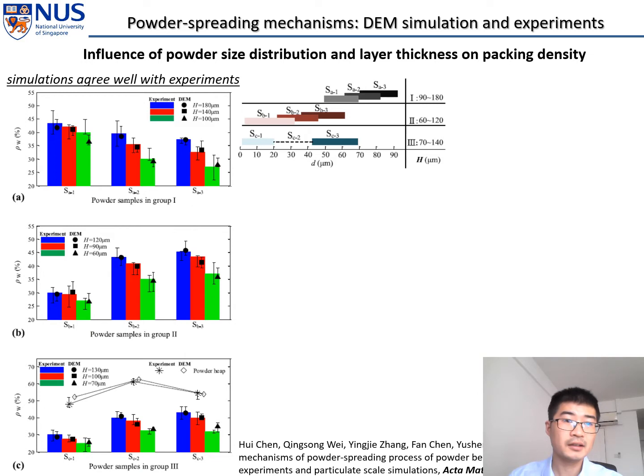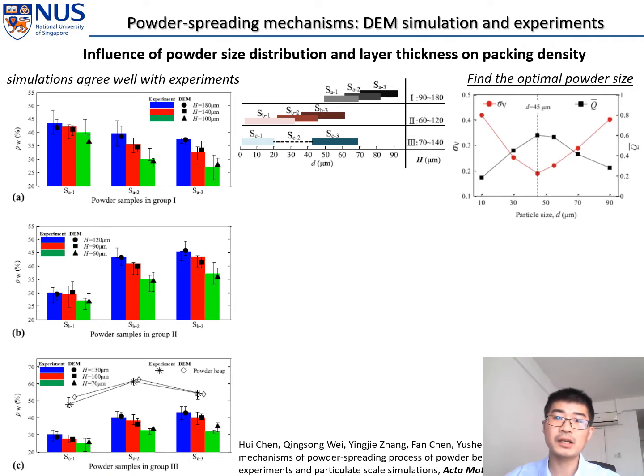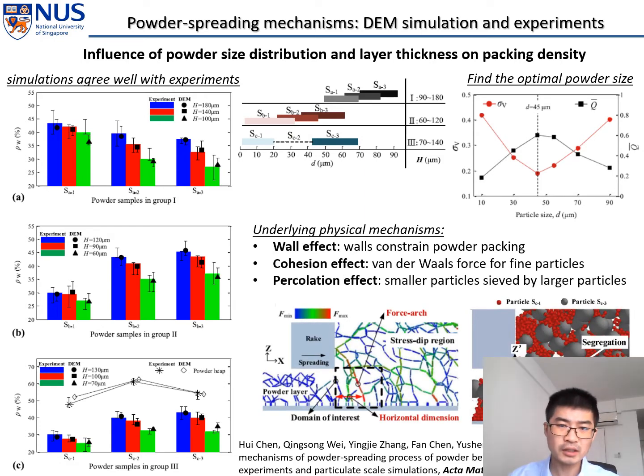You can see the simulation and experiments agree well for different cases. With that, we can also find the optimal powder size for the given material and spreading conditions. But this is not widely applicable to different materials or different settings. More importantly, we have a deeper understanding of the underlying physics.